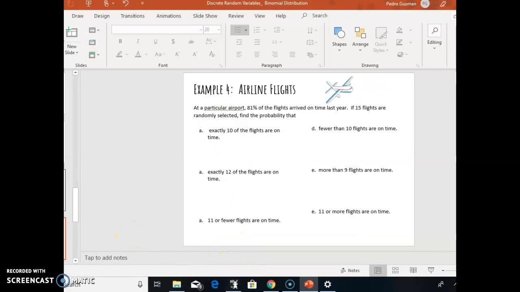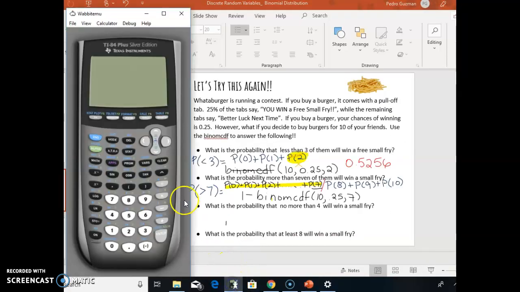Okay, so we're going to do second vars. We're going to choose B, 10, .25, and we're going to do 7, and then paste, and we get our answer.